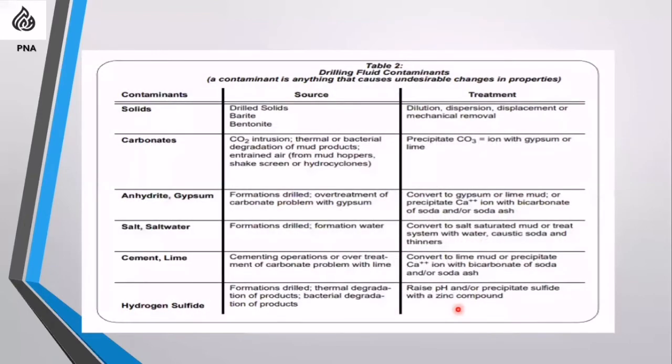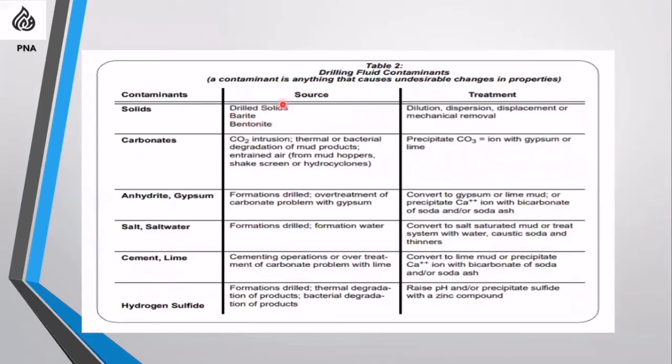In this table, we have all or most of the contaminants, the sources of contaminants, and treatments. Solids: the source is the drill solids from the formation while drilling, and sometimes commercial solids, barite or bentonite. If we add too many chemicals or have a high mud weight, barite will provide these solids.